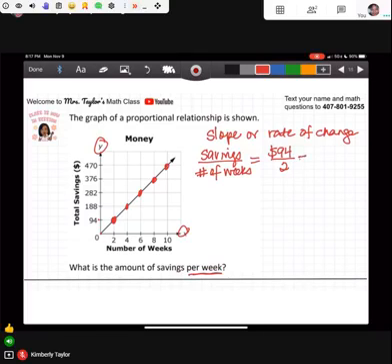So in order to do that, I need to divide both my numerator and my denominator by 2. And 94, let's do this as 2 into 94. This is going to be 4 and 8 and 1. Bring down the 4. This is going to be 7. And this means that I am saving $47 per week.